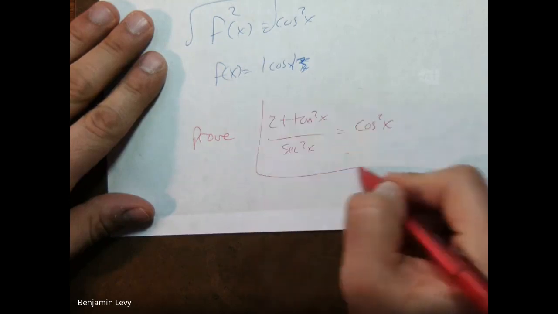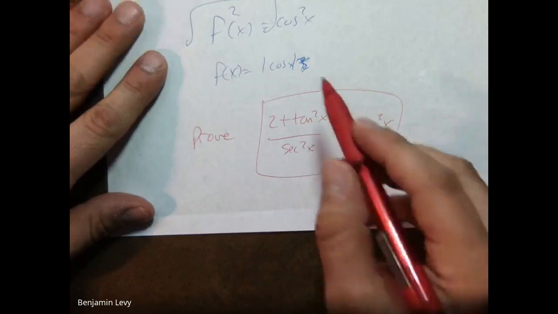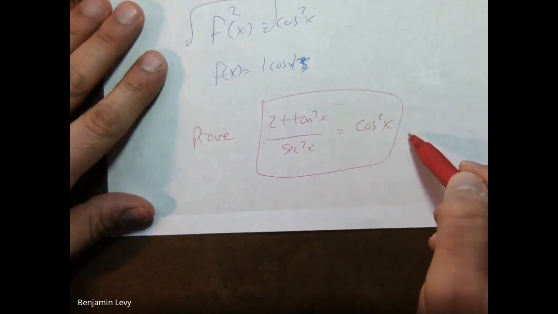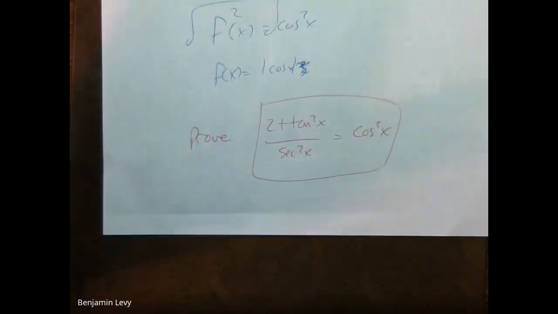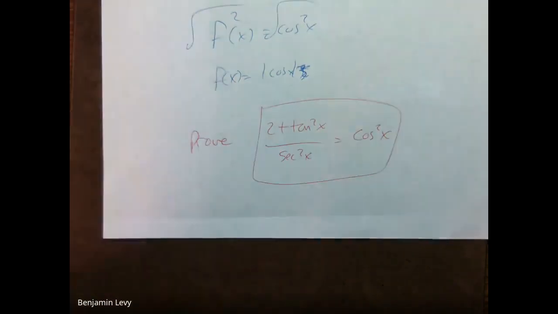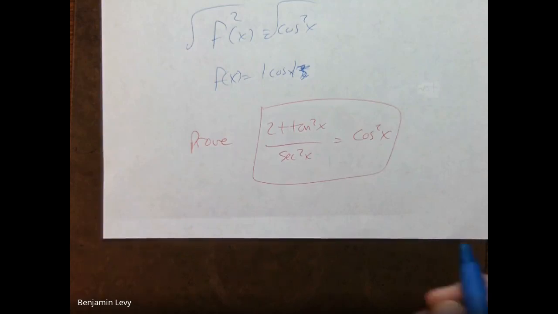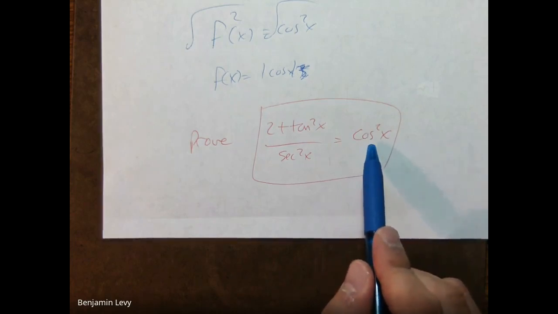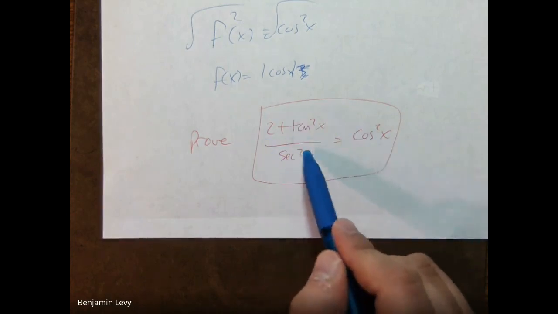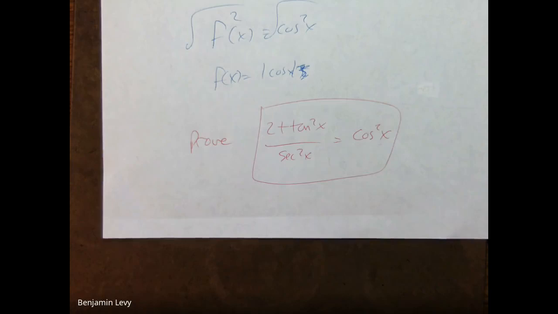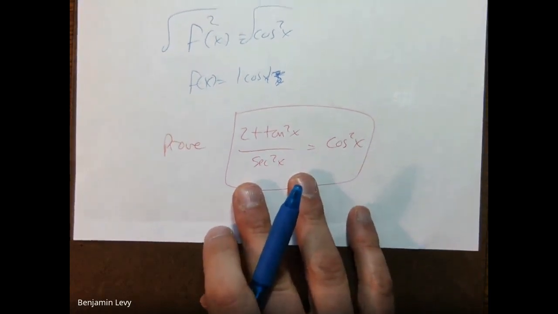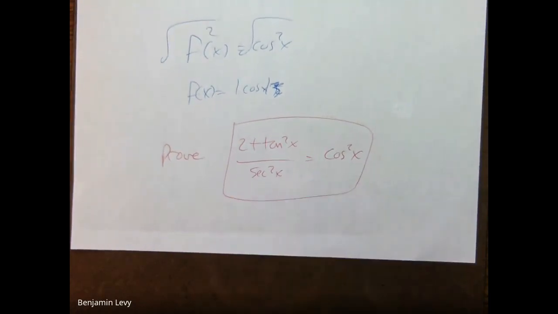So it literally tells you the answer, and then you start with one side and transform it into the other side. You can't do that online because if it just told you the answer, there wouldn't be anything to do. So online it says simplify this down and you'll get something squared. But on a test, I'll tell you it's cosine squared and just want to see that you transform it into that. Maybe that's a little bit easier, because you kind of know what the answer is in some sense.